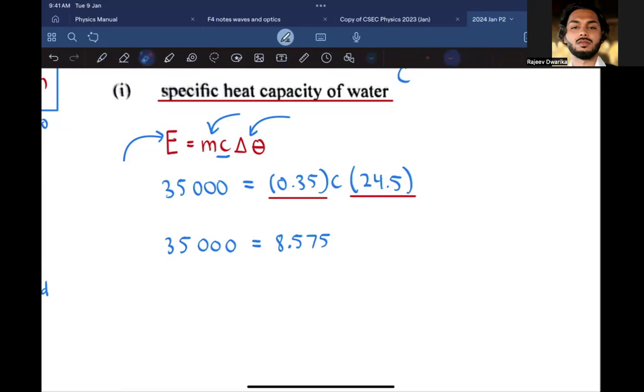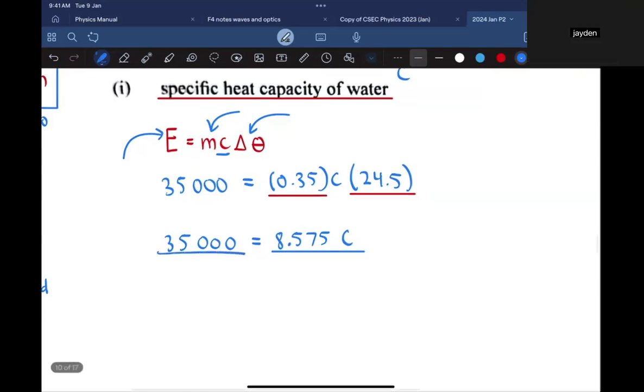All right, so now we continue. Could somebody verify that? Again, 8.575? Yes, sir. And that'll be multiplied by C. So, if I have 8.575 multiplied by C, how would I find C? I have to divide both sides by 8.575. You understand it now? Yes.